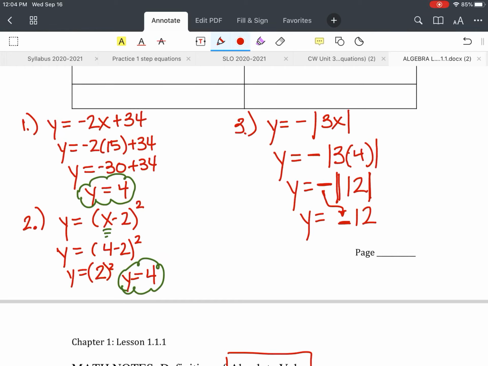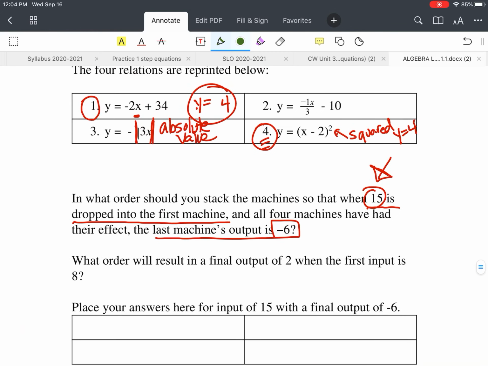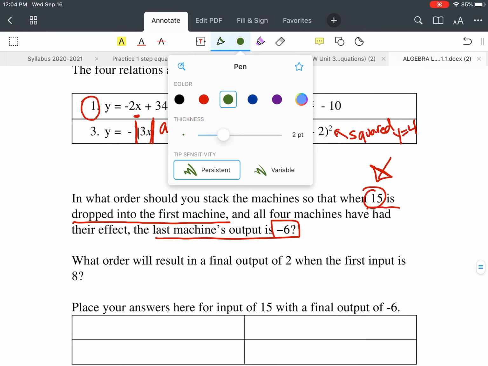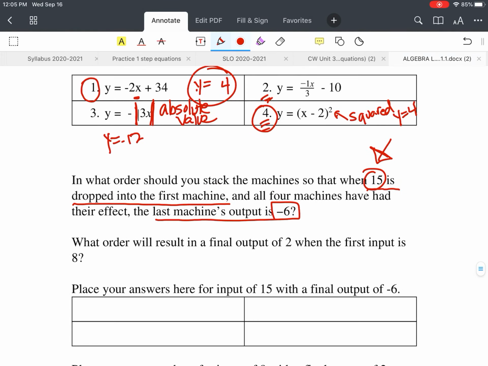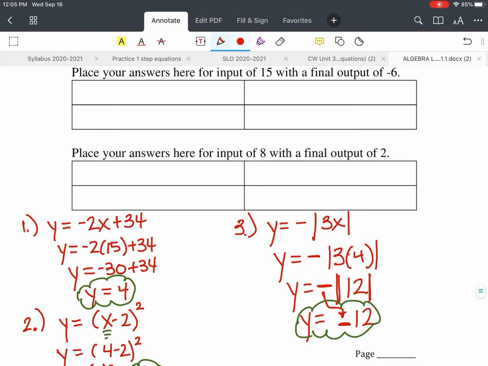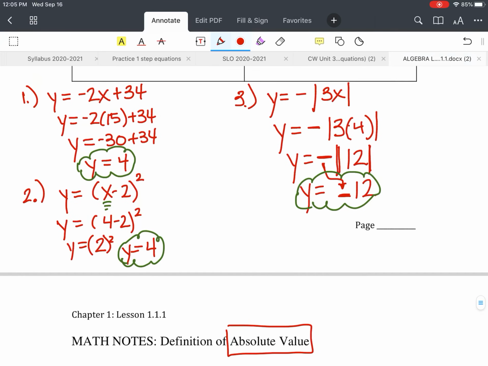So up here, I'm going to make sure that we know that this now becomes our input for our next problem. So I'm going to go over here, and we know for sure that this was y equals negative 12. I forgot that. So now the only thing we have left to do is number 4. Yep, it has a fraction, but we're going to do it. You're going to use your calculators. So I'm going to come back down here, and I'm going to squeeze it in somewhere.